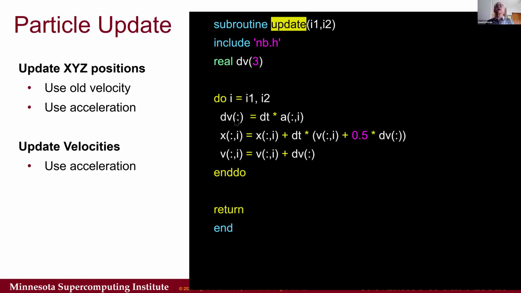And I'll calculate the overall change in the velocity over the time of the time step, which will be the dt, or the time step size, times the acceleration. And then I'll use this time-centered form for updating the position and then update the velocity. And really, that's all there is to that. This is very simple and will run very fast.